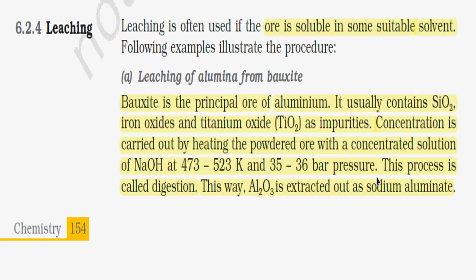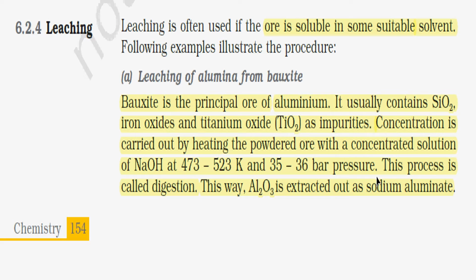Or you can say concentration is carried out by digesting the powdered ore with the concentrated solution of sodium hydroxide at 473 to 523 Kelvin and 35 to 36 bar pressure.